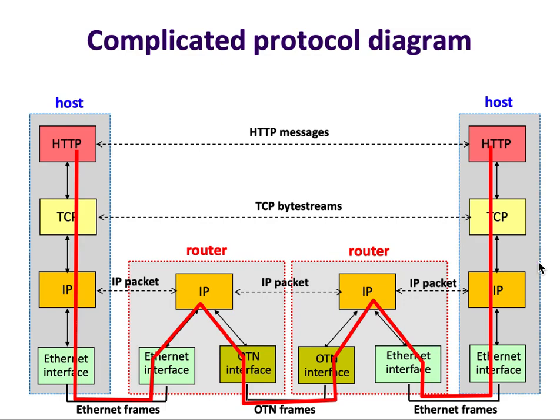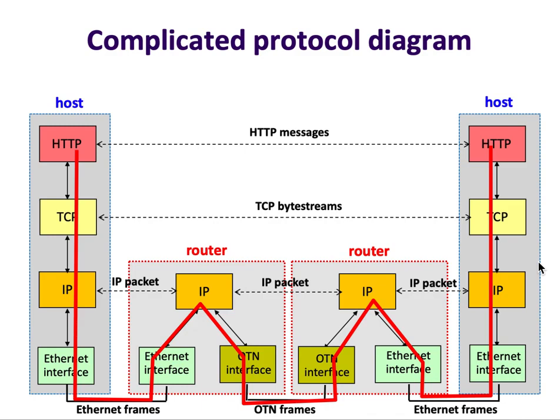Think about it: what if I did not have the IP layer, and I wanted to send the message directly from Ethernet to OTN? In order to make that work, Ethernet would have to know what format or what interface OTN supports. And so every link technology in the world would have to know how to convert between all possible link technologies.